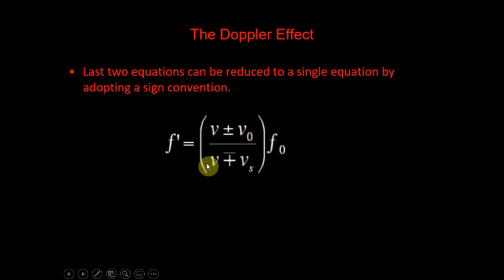Here are our relative velocities. I'll show these in the next slide. You can select the plus or the minus based on the motion of the observer and the motion of the source, times the base frequency, as it would be unchanged.